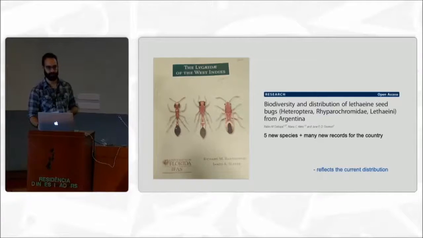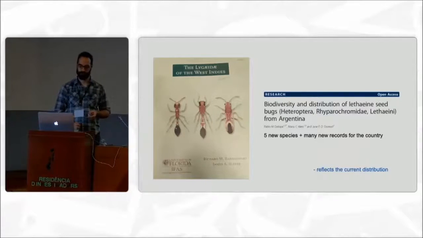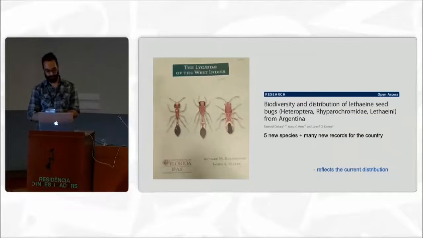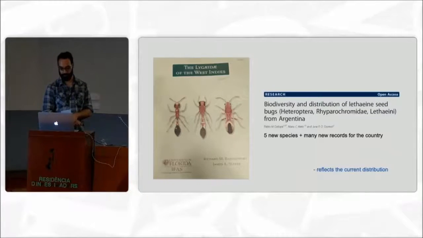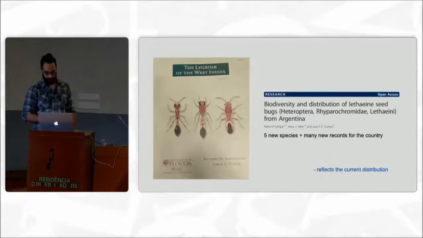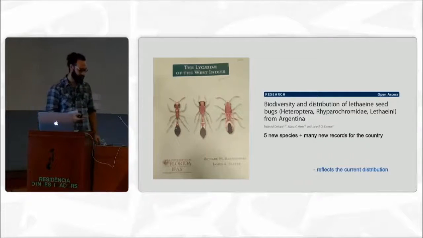They studied these bugs in the West Indies, and Pablo Dellapé and contributors. Sorry, I'm really dry. They studied these bugs in Argentina. These two works reflect the current knowledge of the distribution of these species.